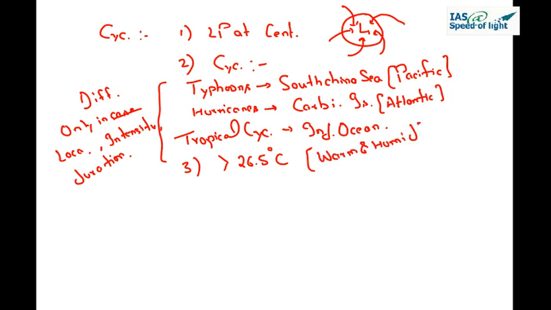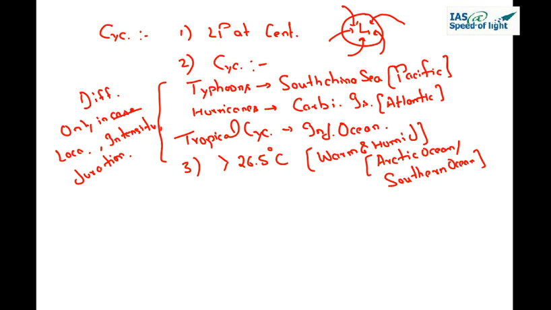If we want heavy precipitation, or storms, or anything related to severe weather conditions, it has to be warm and humid. Because of this particular fact, we don't see the phenomenon of cyclones in the Arctic Ocean or the Southern Ocean, because the water temperature is much less than this.